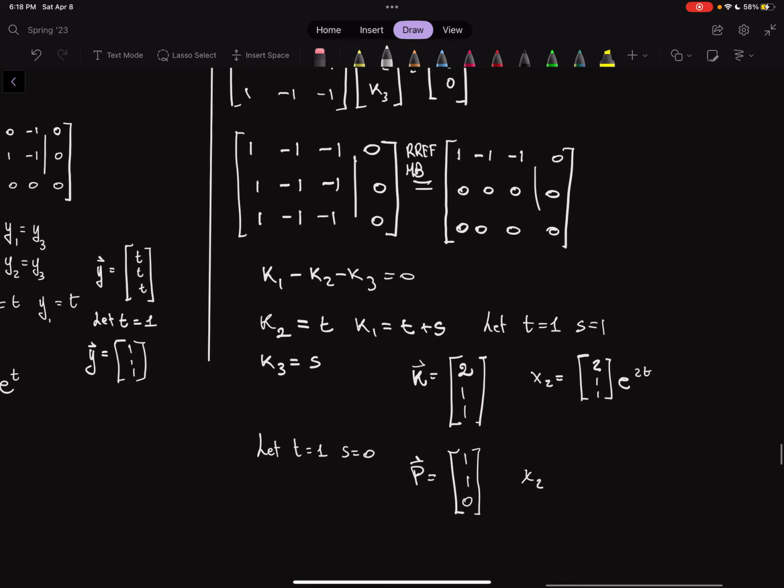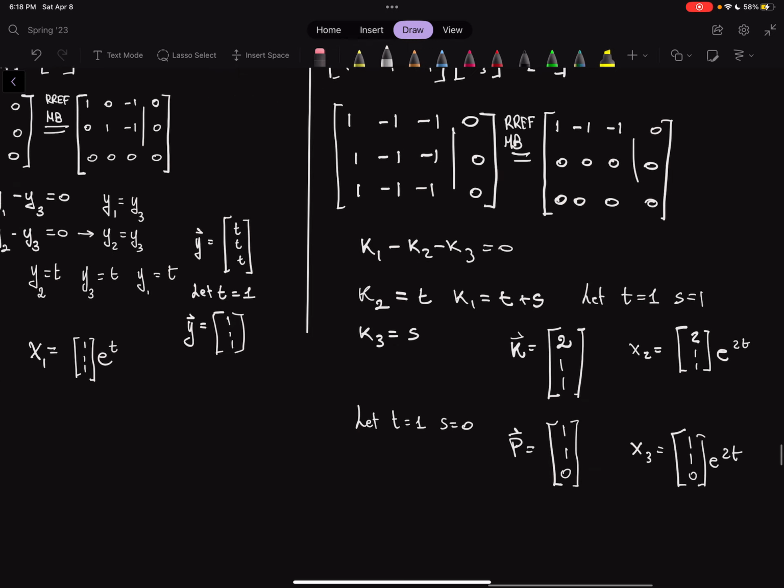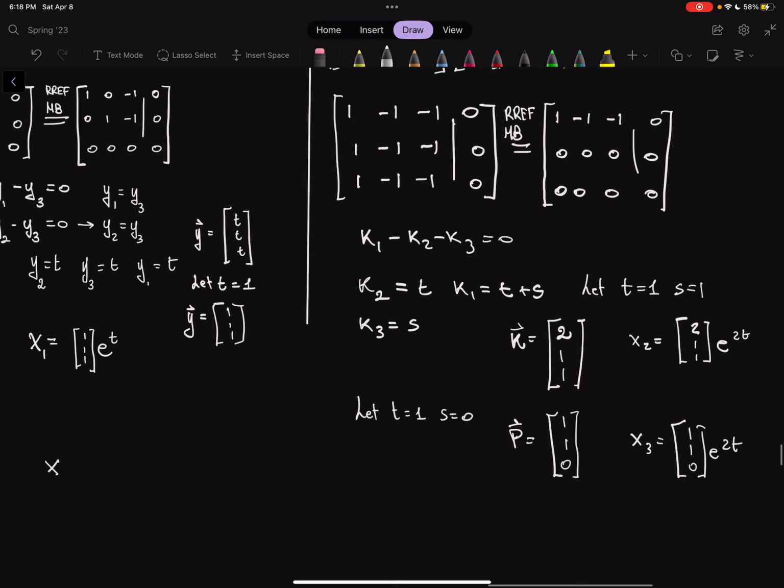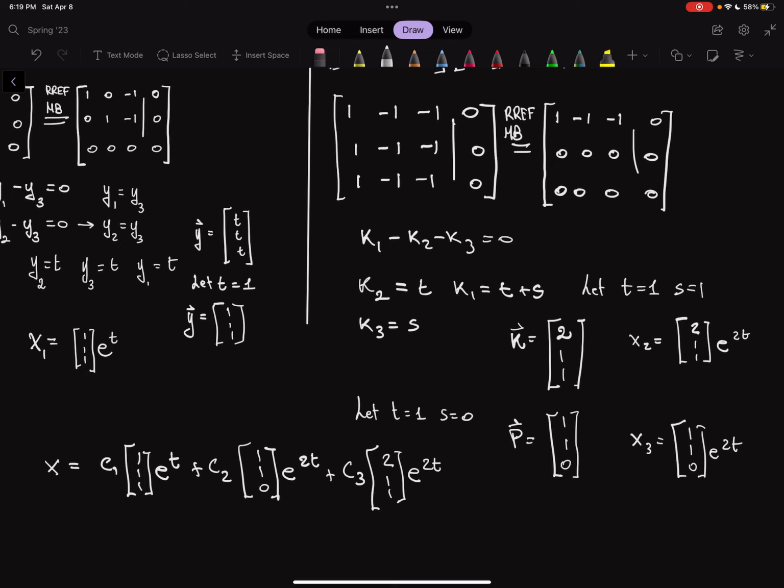And here we have x sub 3, and we have 1, 1, 0, e to the 2t, because these have the same lambdas. So now if we add these together by creating a linear combination with constants, we get c1 times 1, 1, 1, e to the t, plus c2 times 1, 1, 0, e to the 2t, plus c3 times 2, 1, 1, e to the 2t. And this should be our answer.